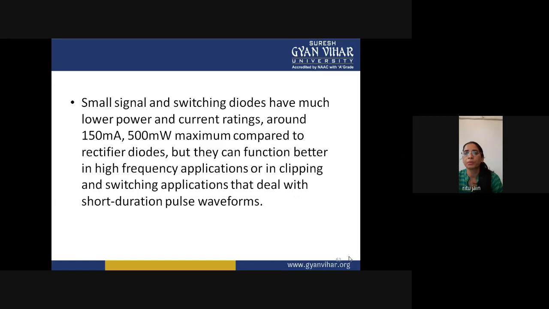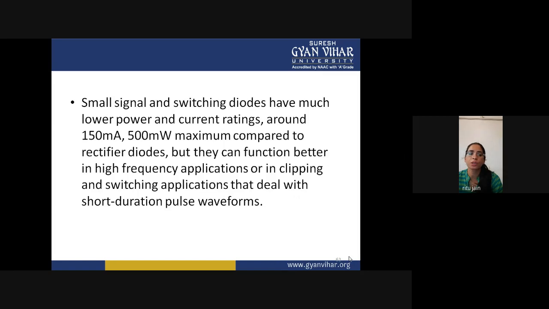These are the maximum ratings compared to rectifier diodes, but they can function better in high frequency applications, or in clipping circuits and switching applications that deal with short duration pulse waveforms, because these are low current and low voltage semiconductor diodes. So it can be used in high frequency applications.